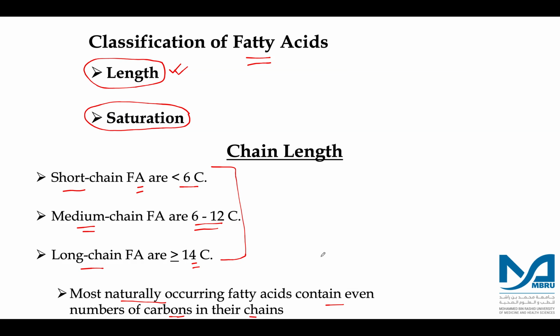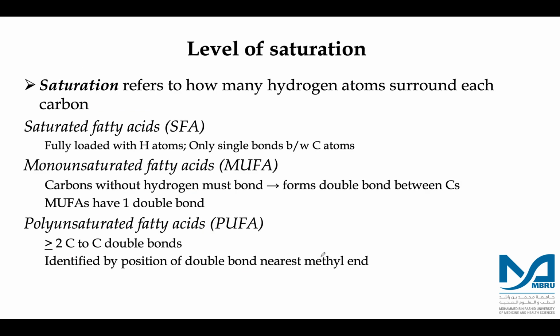Now we move to the next classification based on saturation. According to saturation, we can classify fatty acids into three classes: saturated fatty acid, monounsaturated fatty acid, polyunsaturated fatty acid. Saturated fatty acids are those fatty acids that do not contain any double or triple bonds.